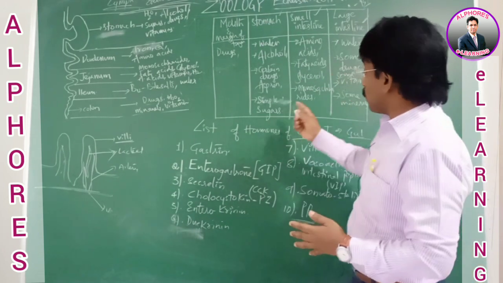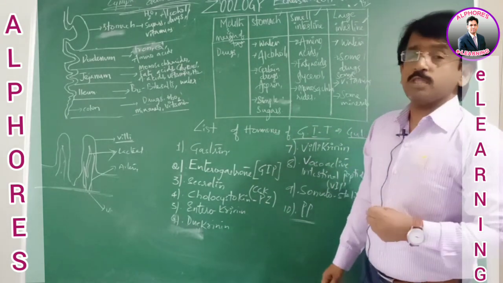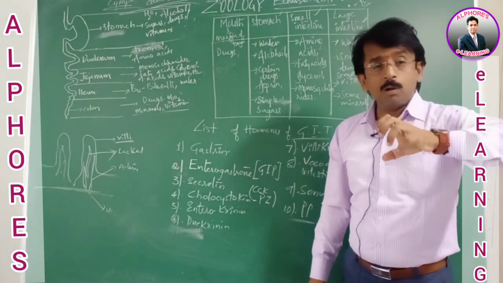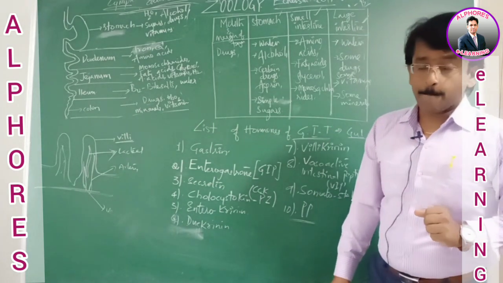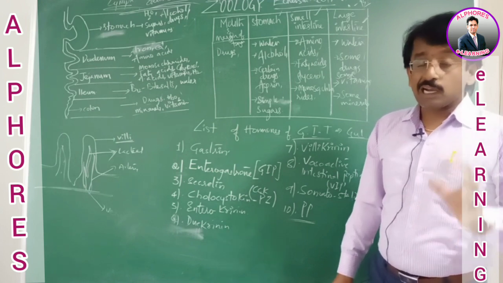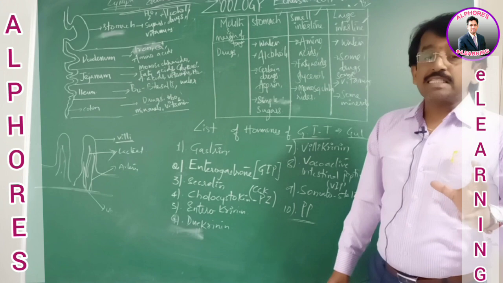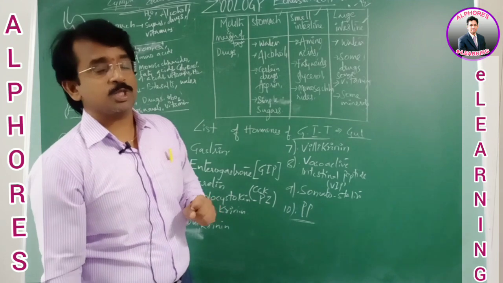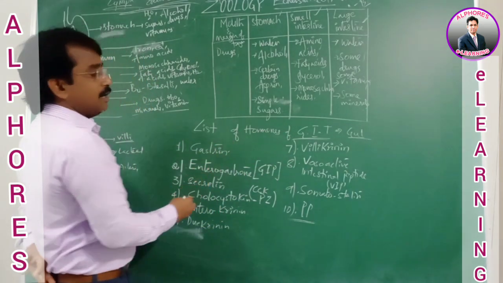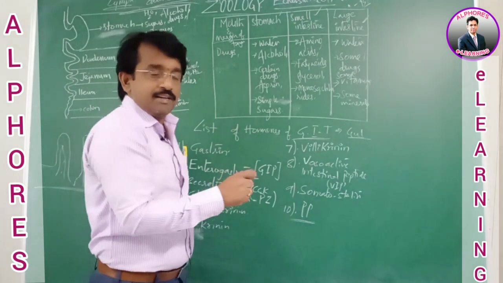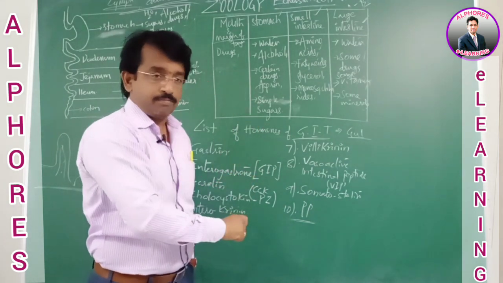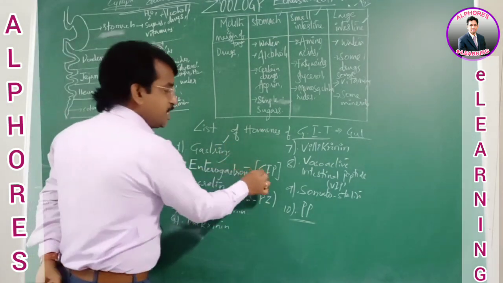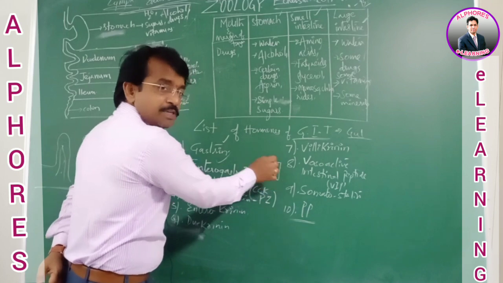Now the role of the hormones. Hormones, in the sense of the secretions of the endocrine glands. The endocrine glands associated with the gut. Generally, the gut acts as an endocrine part and releases hormones. The list of the hormones from the gastrointestinal tract and associated parts: gastrin, enterogastrone or GIP, gastric inhibitory peptide.